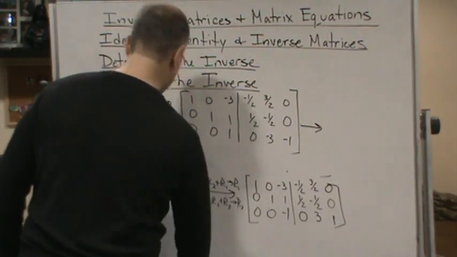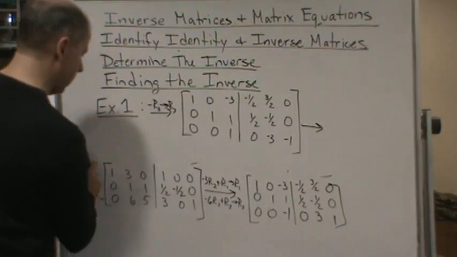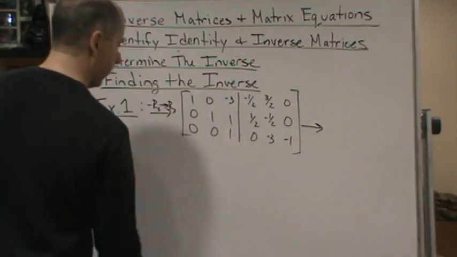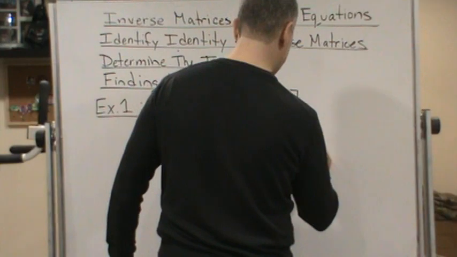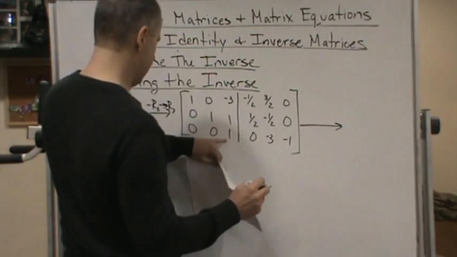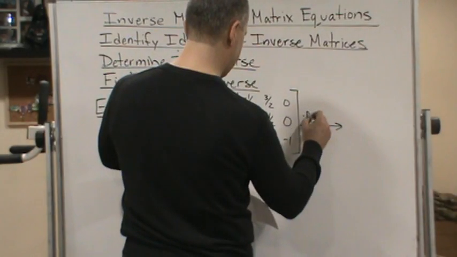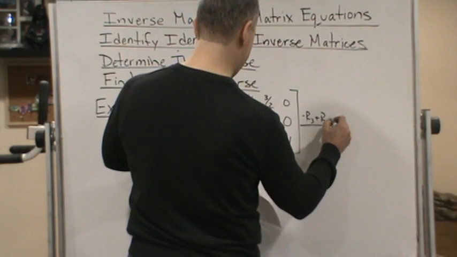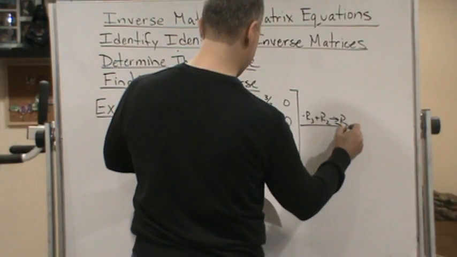So let's do it this way. One more. I'm going to take negative row 3 plus row 2 and replace row 2.